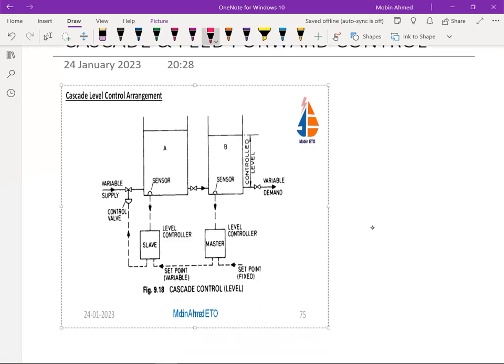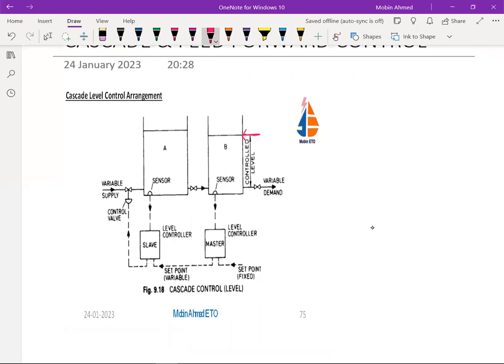Like here, I am going to maintain the level, and this is going to be a set level. So I want to maintain the level here. So this is known as a set level. Then I am going to do this master and slave control level. While we are doing this one, there is a reason for doing this.